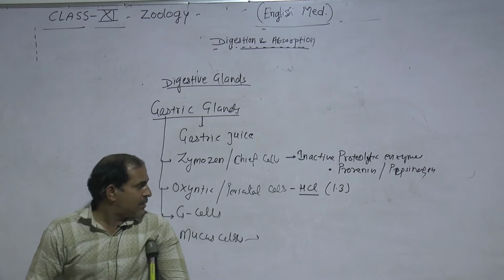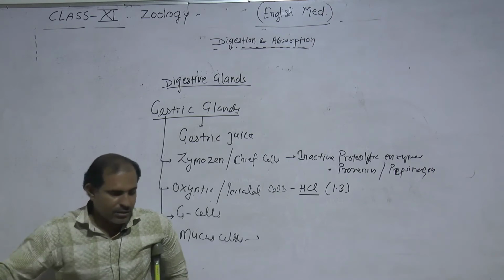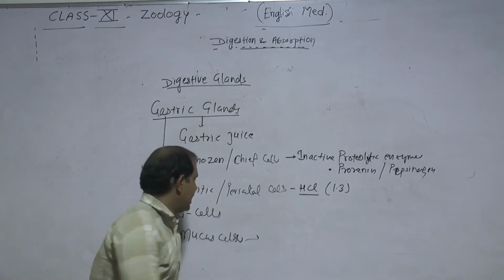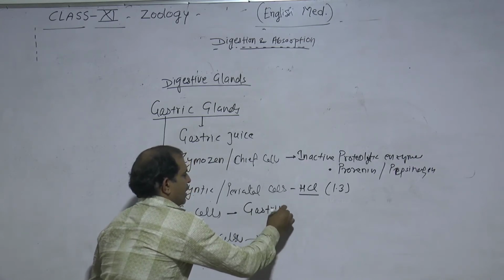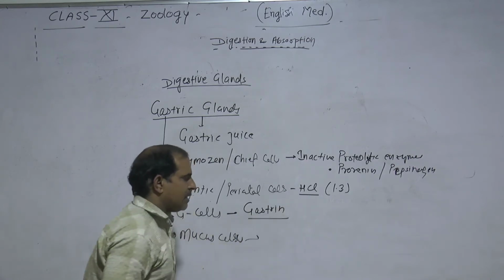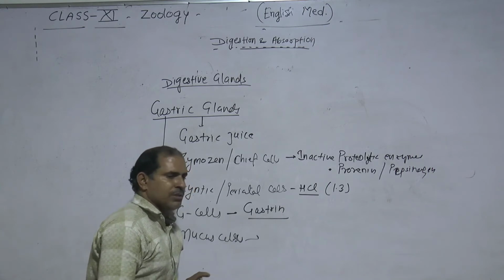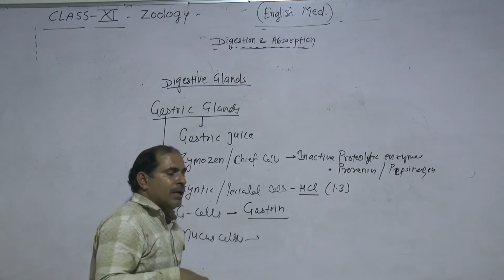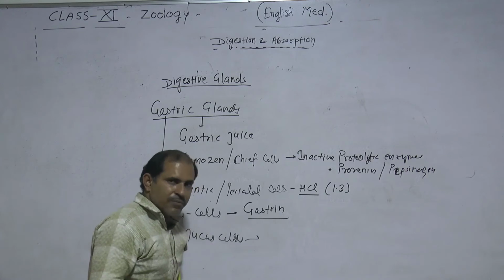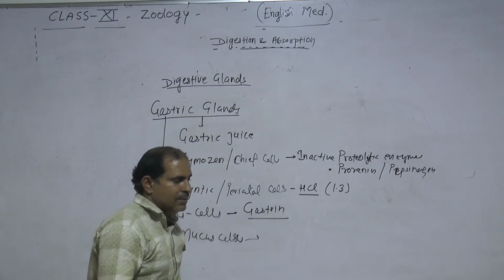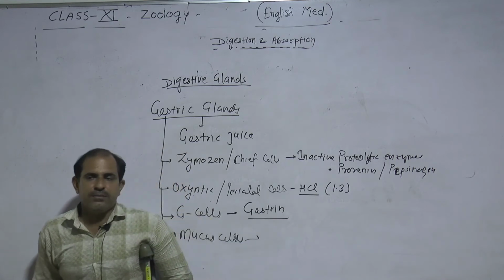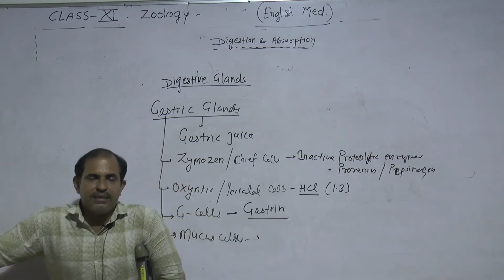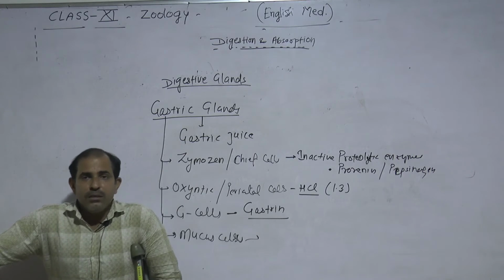Okay. Now the second one is the G cell. Another cell is the G cell, and the G cell secretes the gastrin hormone, and this gastrin hormone activates or stimulates the gastric glands to secrete gastric juice.